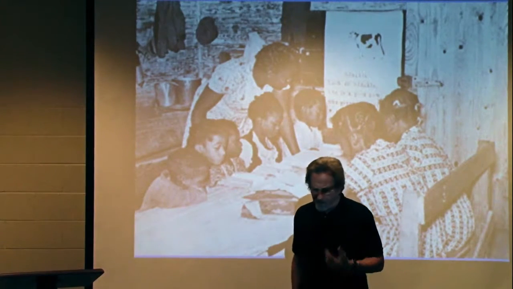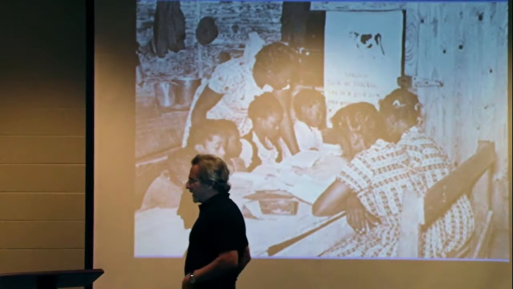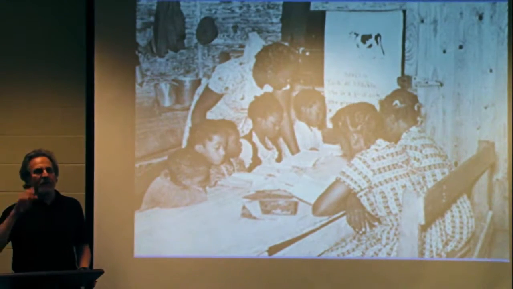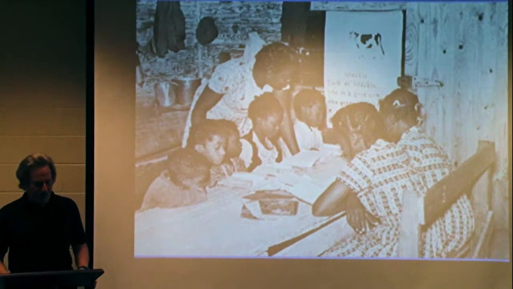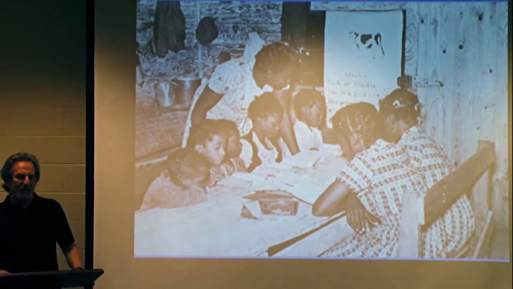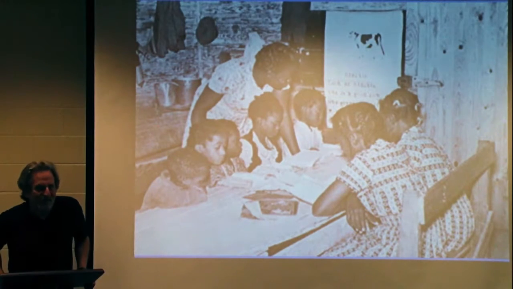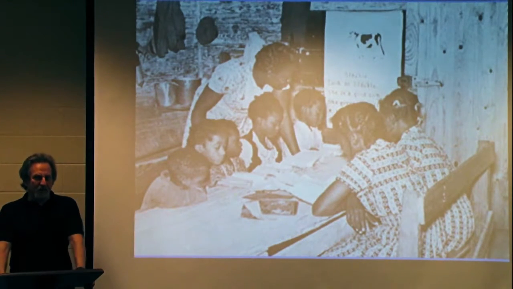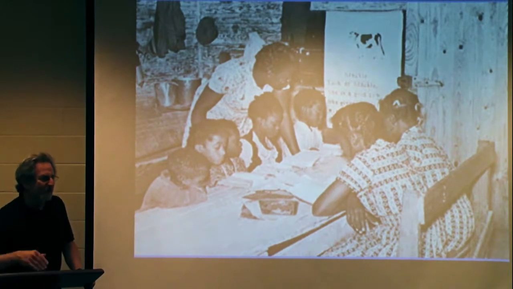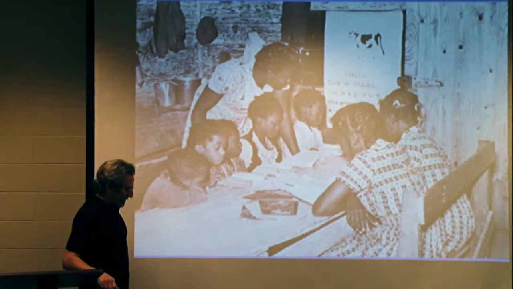But the side of the economy that I want to talk about right now is what I call the domestic economy, the economy of raising families, of making new members of a society, training new members of a society.